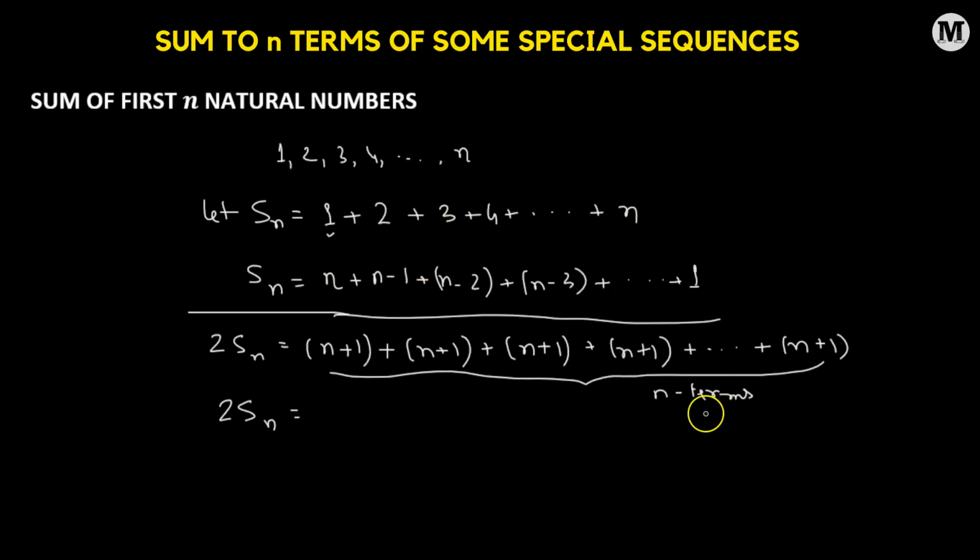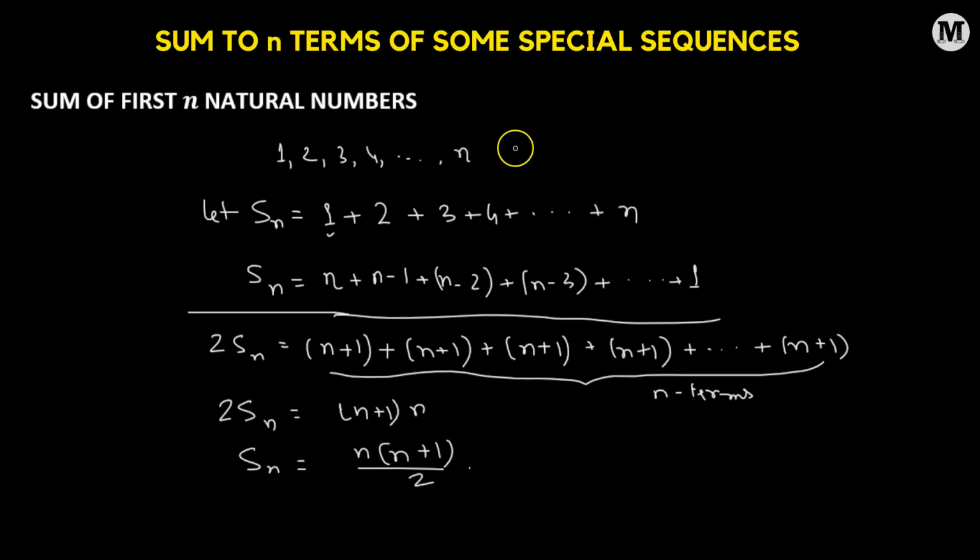So upon addition, we must get n number of terms, which means that n plus 1 is repeating n number of times. So Sn comes out to be equal to n multiplied by n plus 1 divided by 2. So this is going to be the sum of the first n natural numbers.